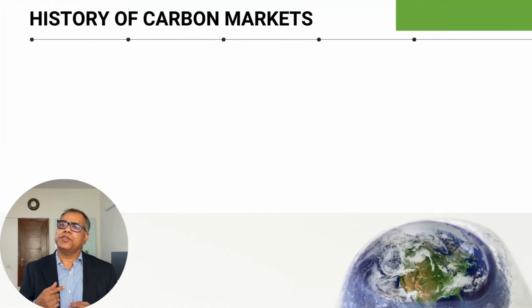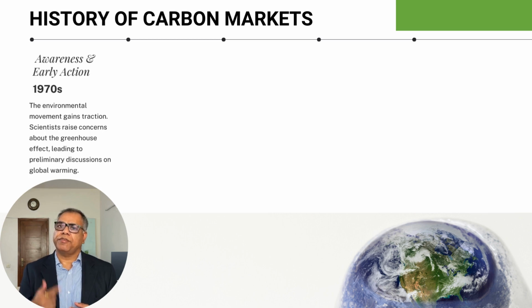Now let us discuss a little bit about the history of the carbon market. The focus on carbon market started in the early 70s when the first oil shock came and globally oil prices started skyrocketing.